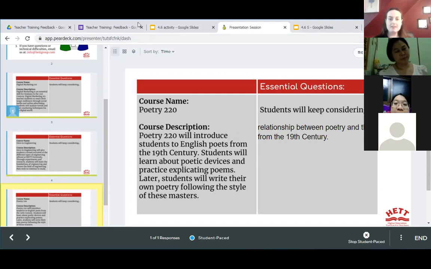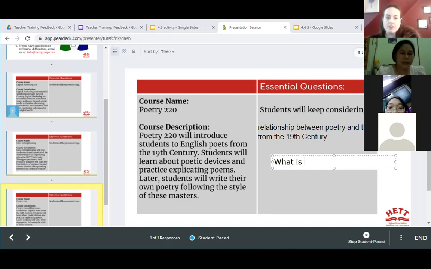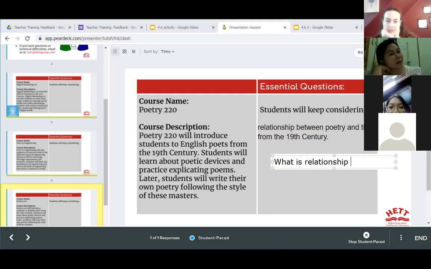Okay, again, let's think of how we can change this into a question. Maybe what is the relationship? I think this needs slightly changed.